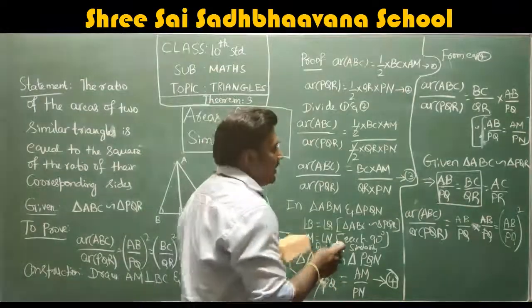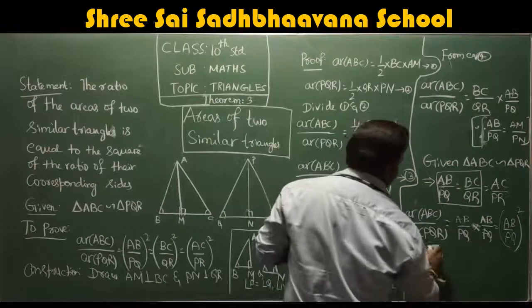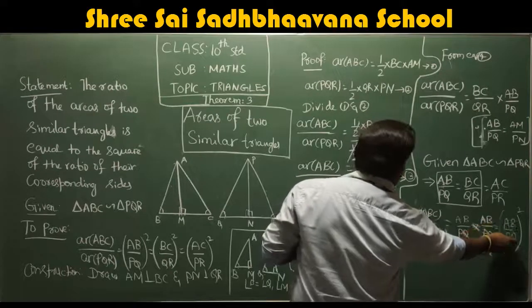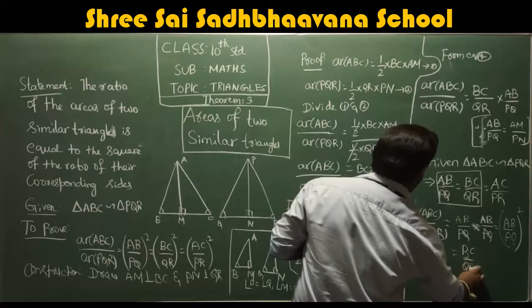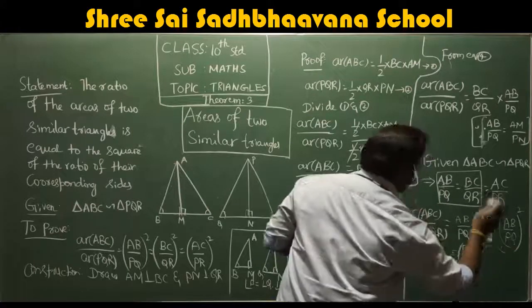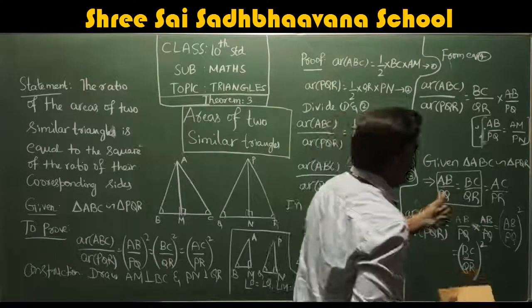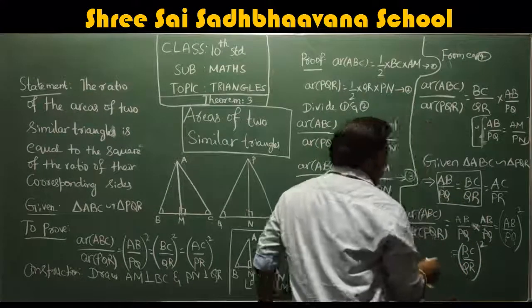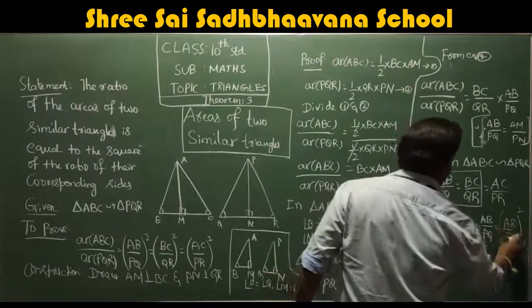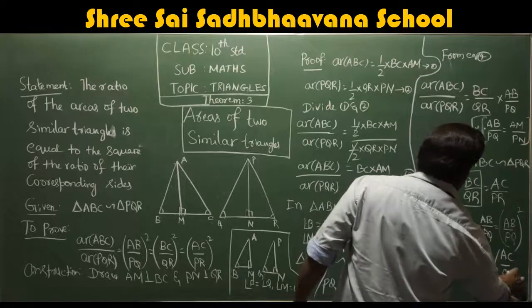And also here you observe that AB by PQ is also equal to BC by QR, so can I write BC by QR whole square? Correct? Because you can replace AB by PQ with BC by QR also. And also you can replace this with AC by PR also, because all are equal.